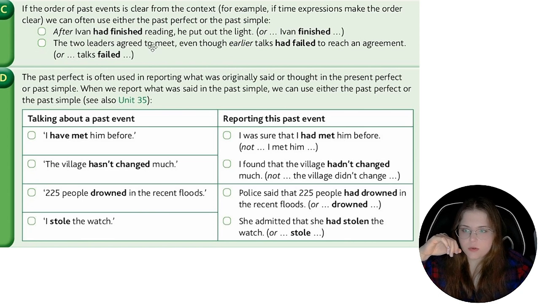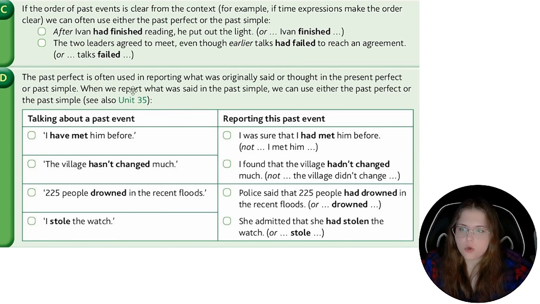The two leaders agreed to meet even though earlier talks had failed to reach an agreement. It is very clear that earlier talks were before this meeting. So we can use both past simple and past perfect. They are equal here.